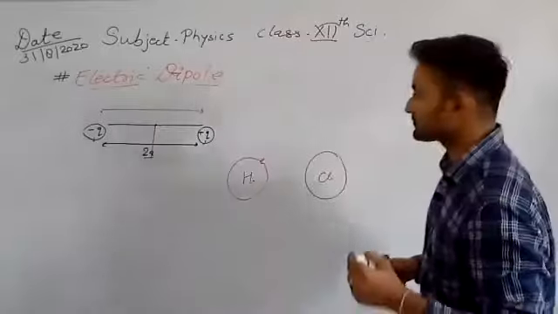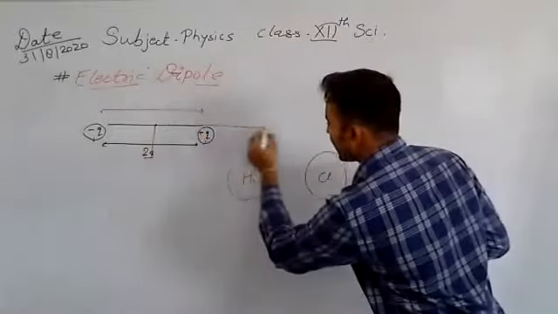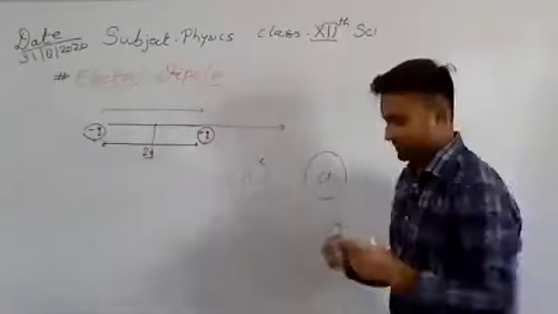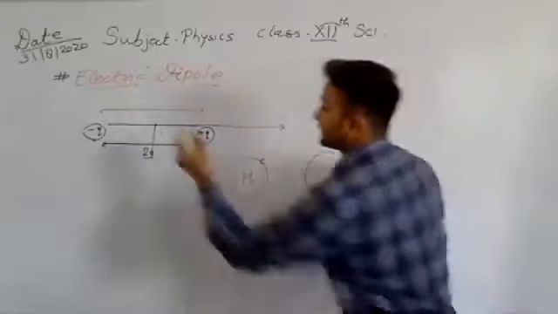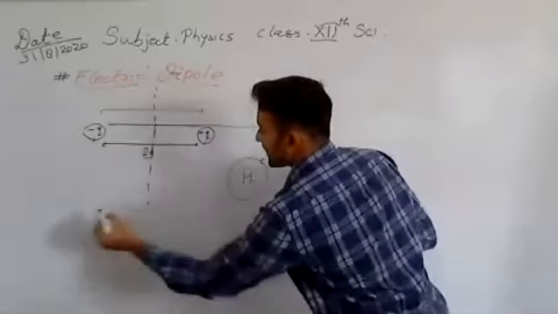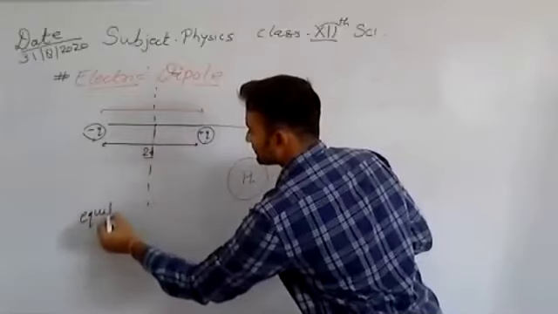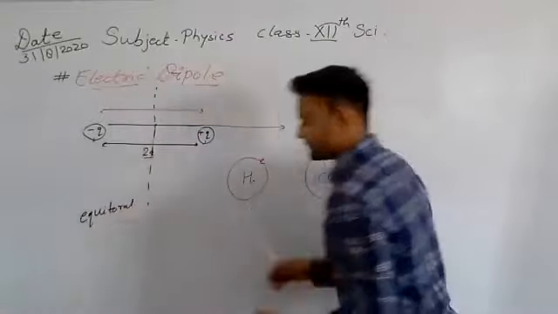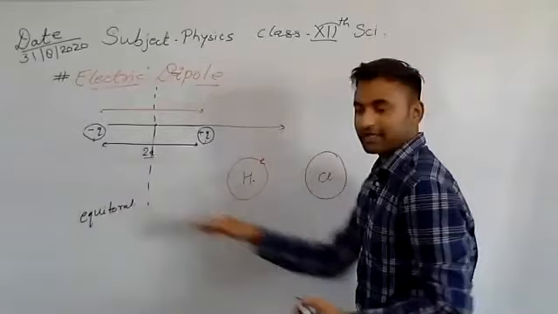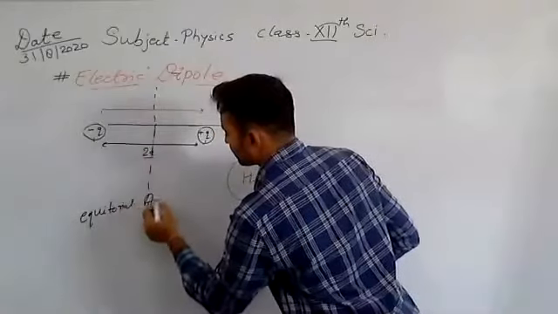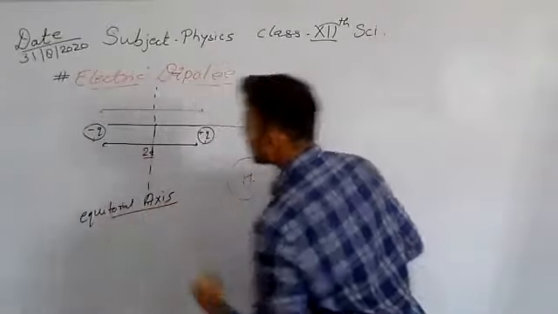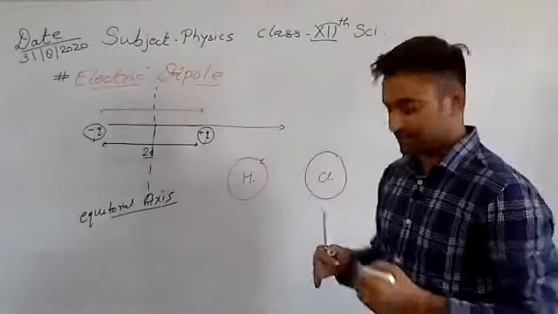Okay, good. This is the dipole axis and this is the equatorial axis, which we have studied in the last class. It is the equatorial axis and it is the dipole axis.